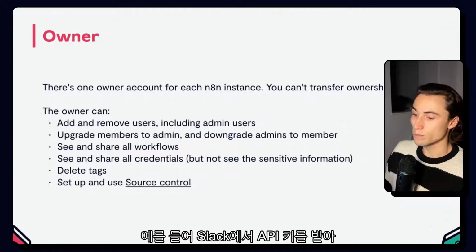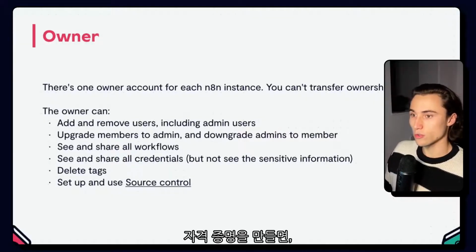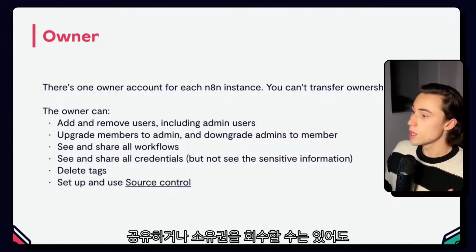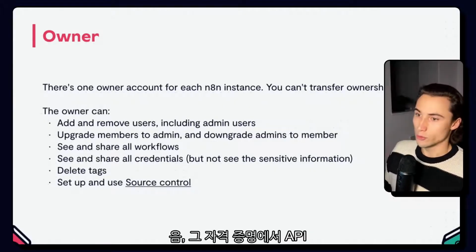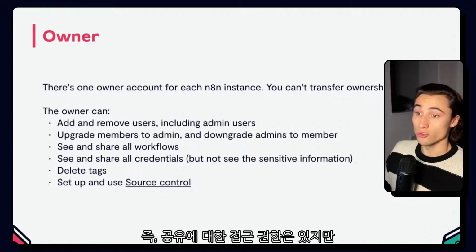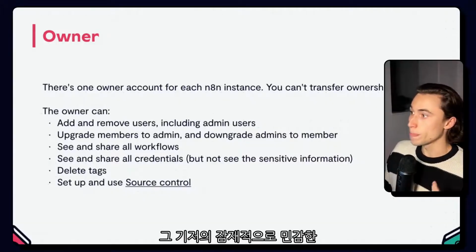So if you get an API key from Slack, for example, and you create a credential, the owner will have access to the credential to share it or revoke ownership, but will not be able to extract the API key or app token from the credential. So it's access to sharing, but not access to the underlying potentially sensitive information.